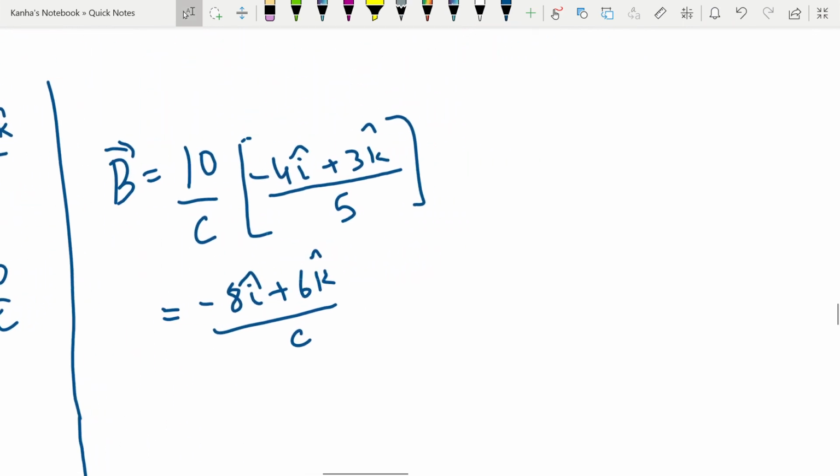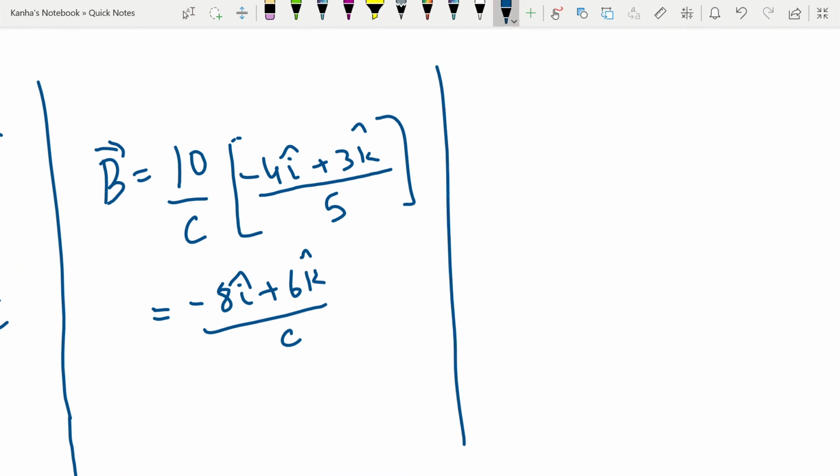I can write this as my magnetic field is equal to (6k cap minus 8i cap) divided by C.